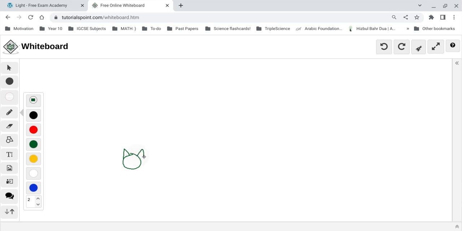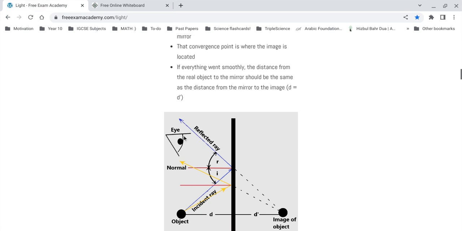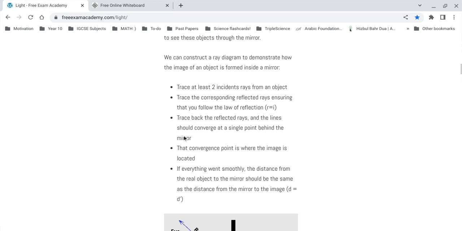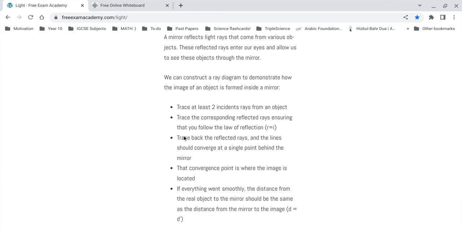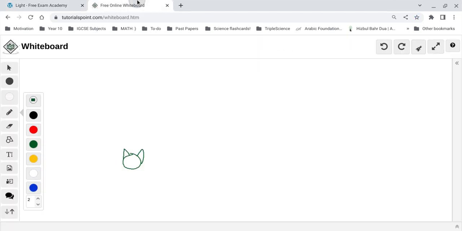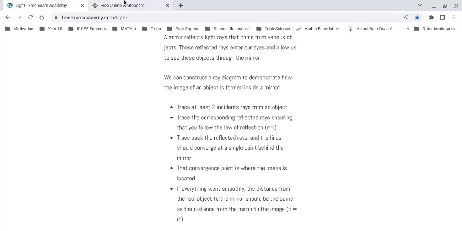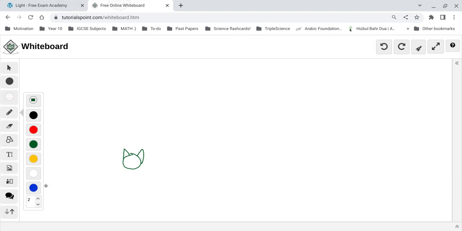It said to draw 2 incident rays from the object, right? As I hope you remember from 2 seconds ago, the incident ray is the ray that's coming in, where the light is going towards the surface, right? So why don't we draw the mirror?